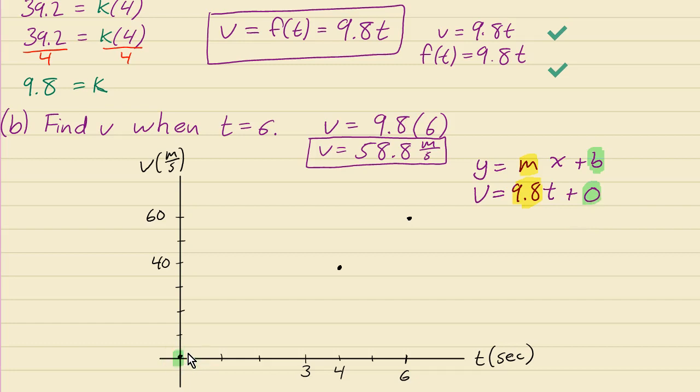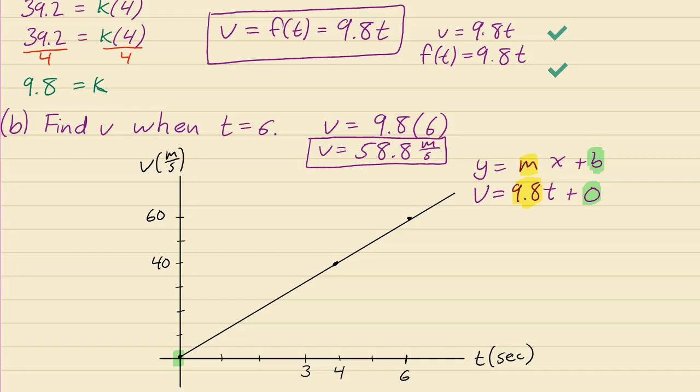So let's try to draw that line. Whoops. And my grid's not perfect apparently. Let's pretend that this point is a little bit over here. Okay, so if I had perfect graph paper, maybe that would have come out a little bit better. But it should be a straight line with slope 9.8, y-intercept 0.